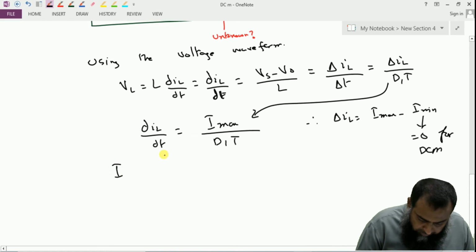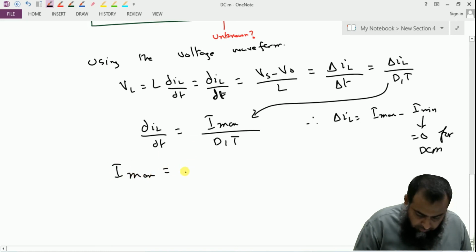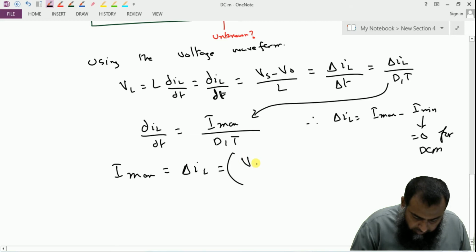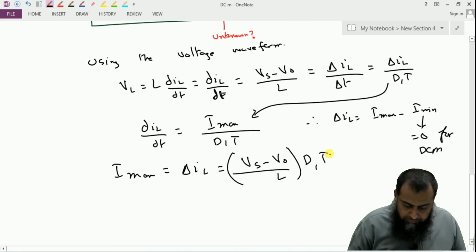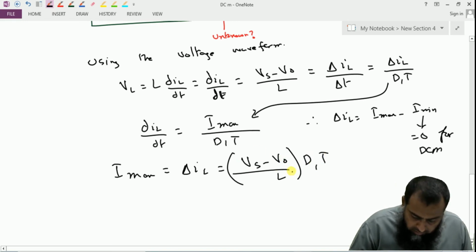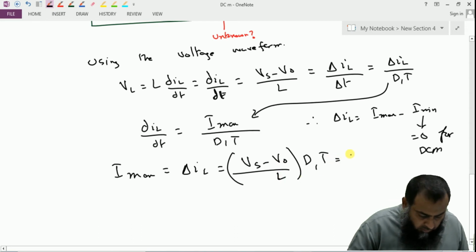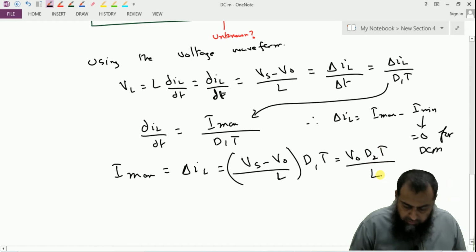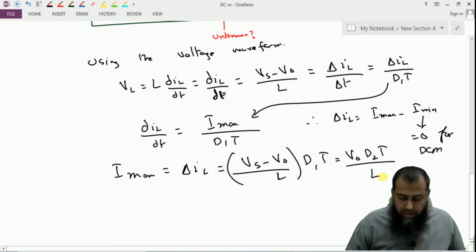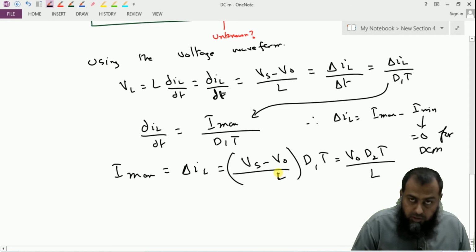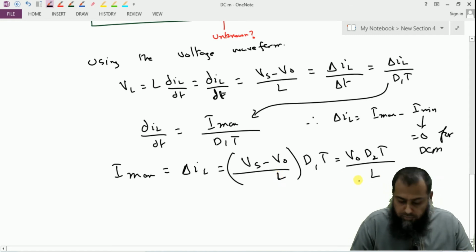Now from this equation, I maximum is equal to delta I_L, which is (Vs minus V naught) over L into D1 T, and this is equal to V naught into D2 T divided by the inductance L. So we can have the maximum value either from the on time or from the off time.